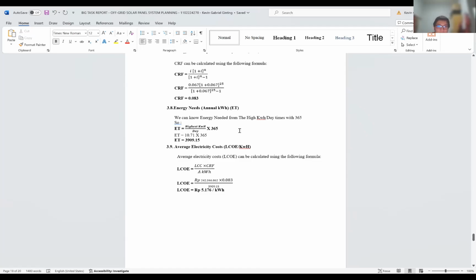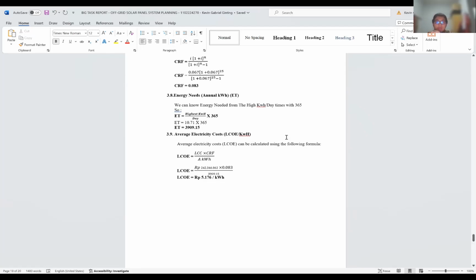After that, we have to know the energy needs, ET. We can calculate ET with this formula. As I said earlier, the highest kilowatt hour per day that my home used in August is 10,000. We multiply it by 365, and we will get 3,909.